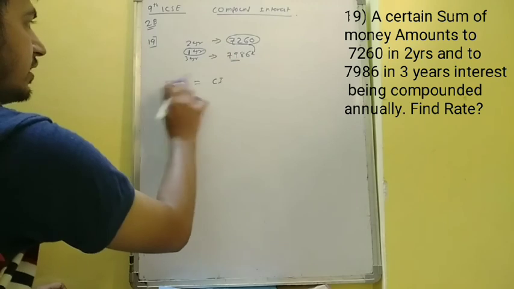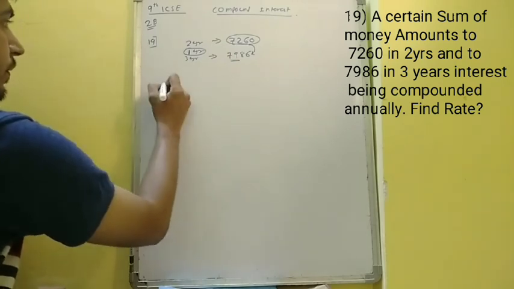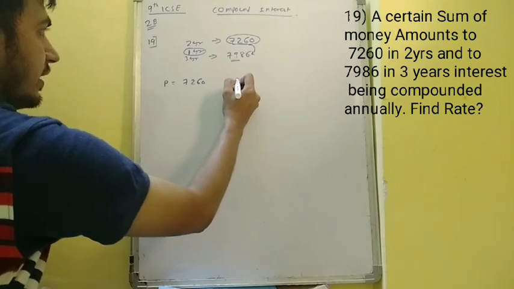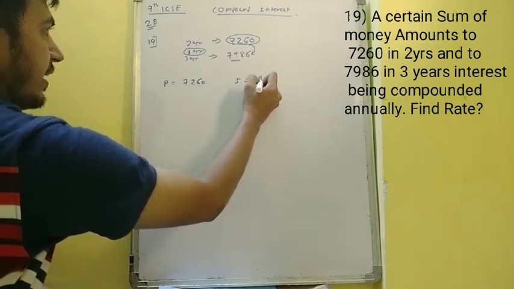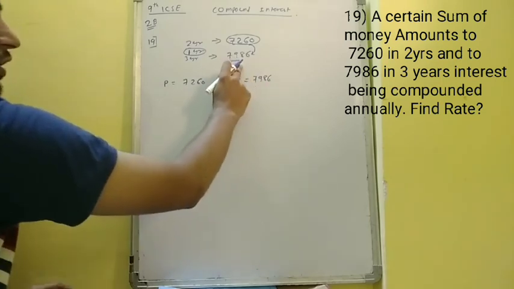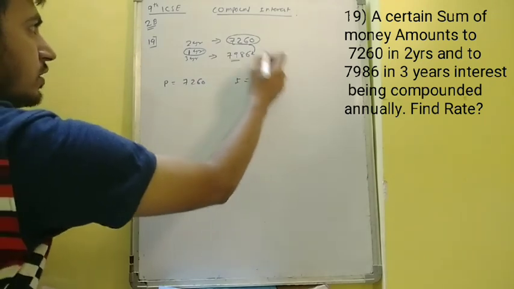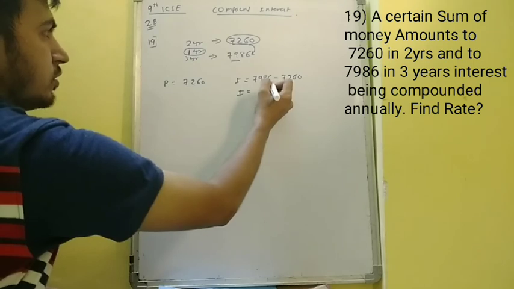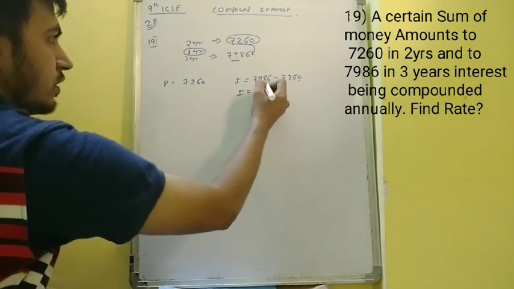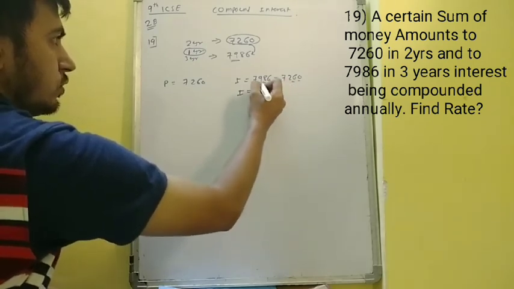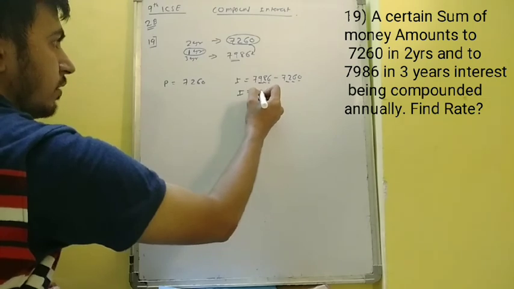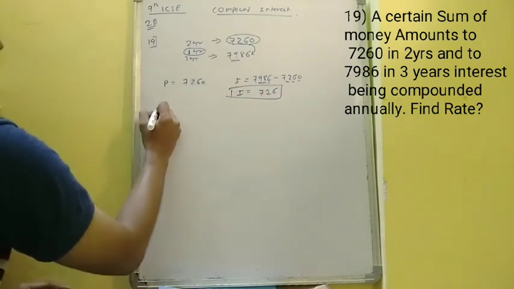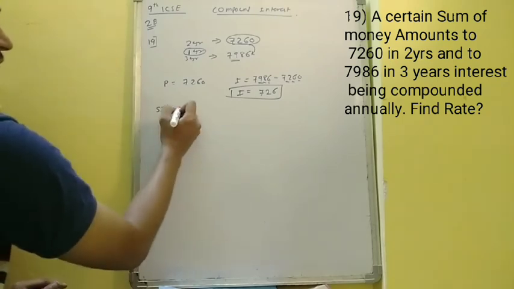The principal is 7260, and it amounts to 7986, so the interest is 7986 minus 7260, which is 726.